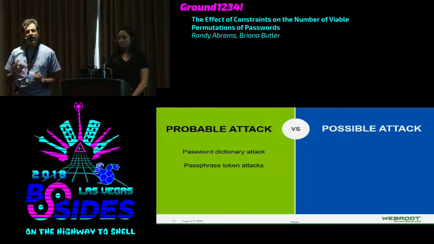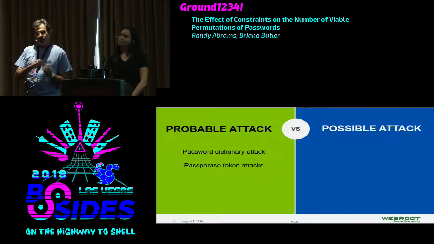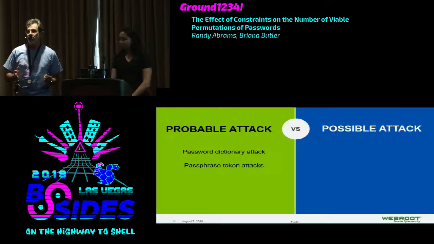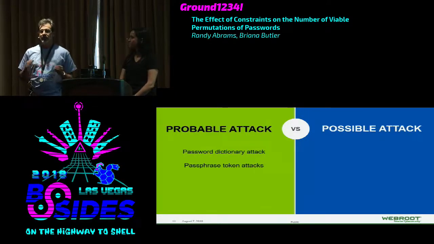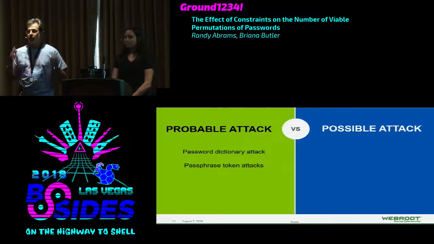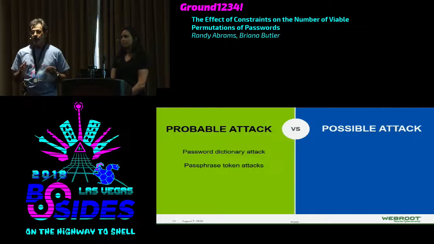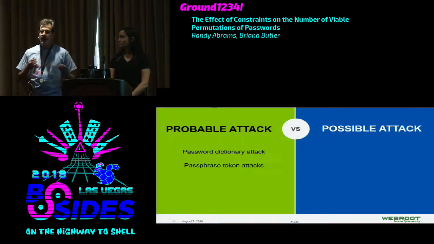They think that 95 to the fourth, let's say, for a 4-character password, translates to the same thing for a passphrase. And the problem with that is there are actually over 1 million words in the English language. So for a 4-word passphrase, each word has over 1 million possibilities. You've got 1 million to the fourth.